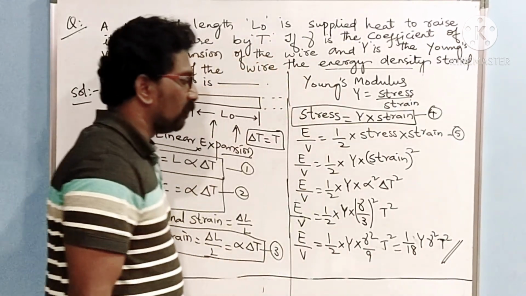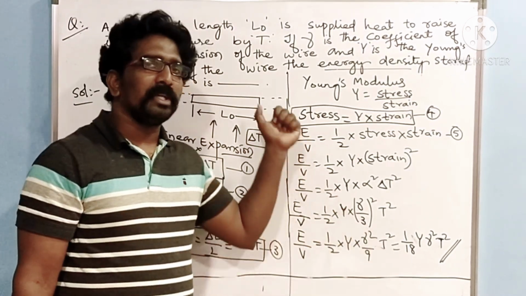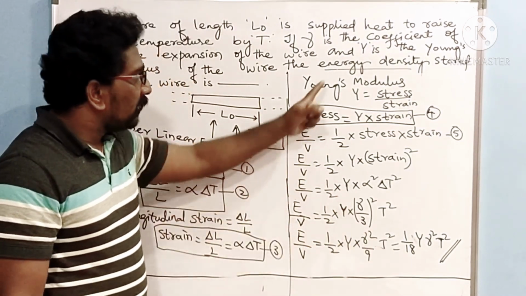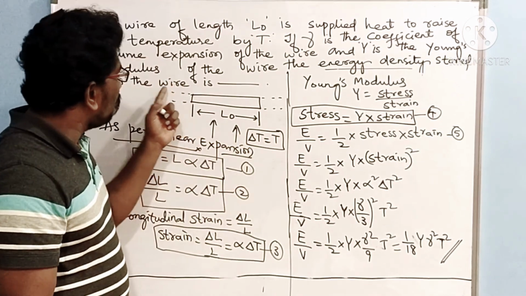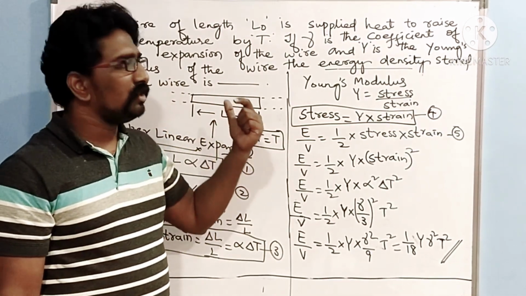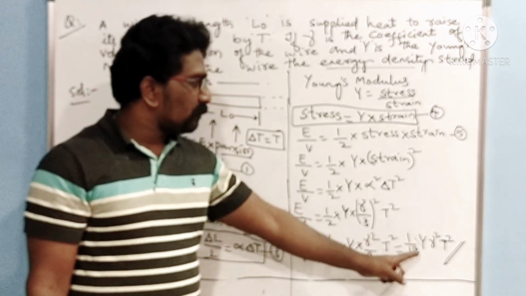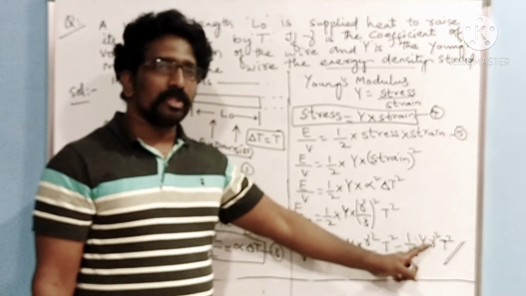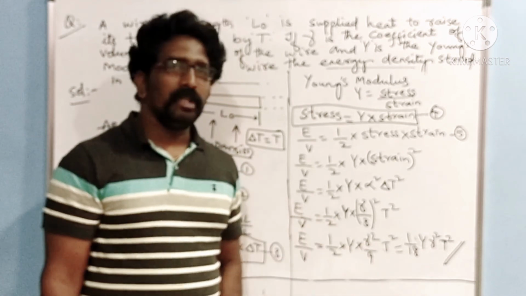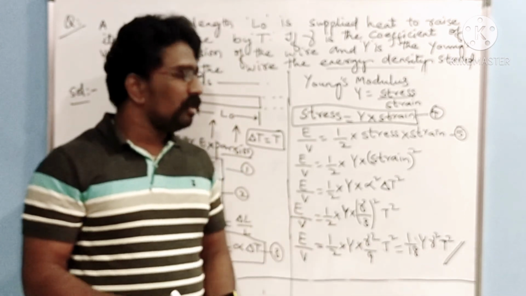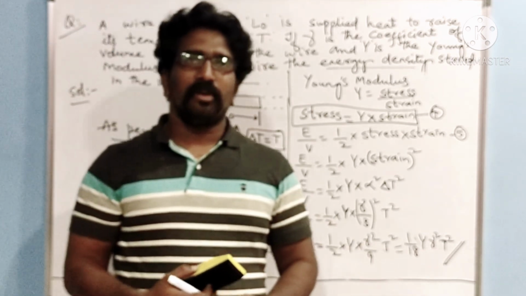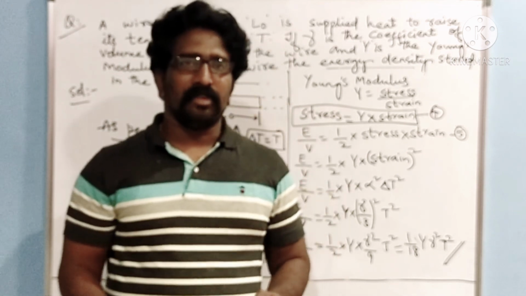And this is going to be your solution for this numerical. So the energy density, or the potential energy stored per unit volume in this wire, is equal to 1 by 18 times Young's modulus into the square of gamma into the square of the temperature. So this is your numerical. I hope students you have understood this numerical. Thank you.